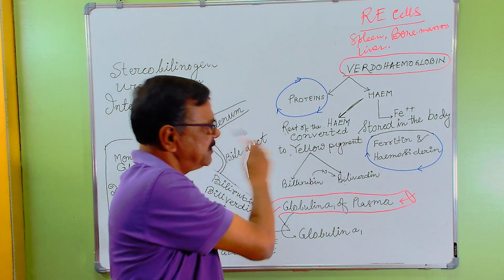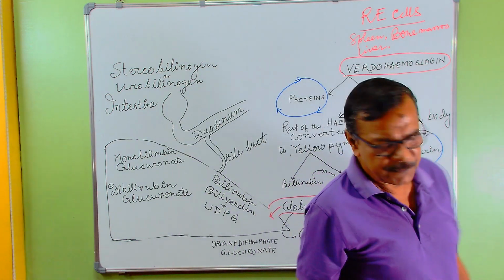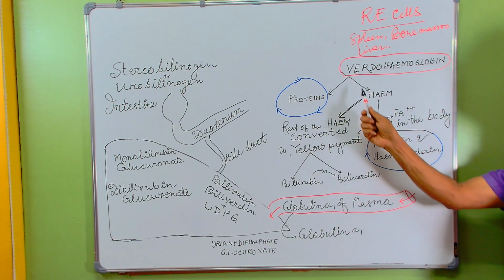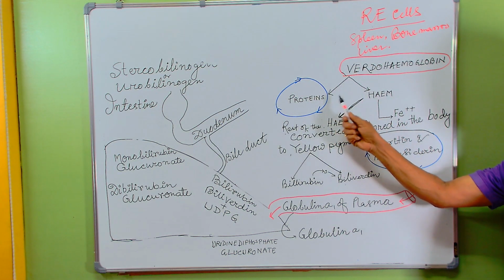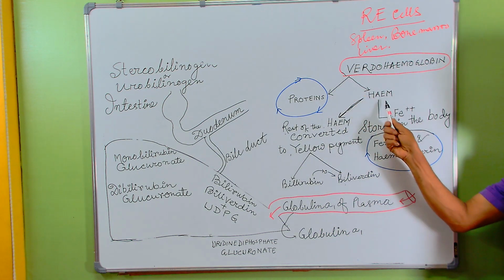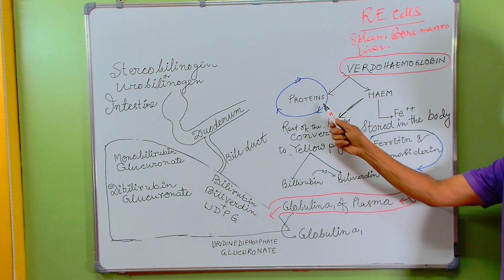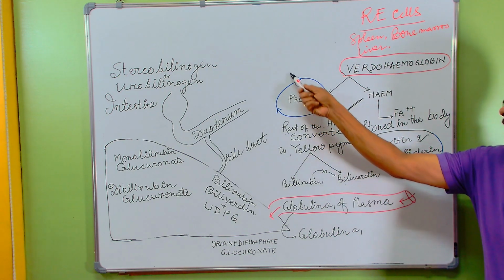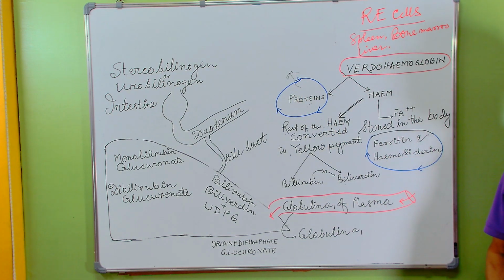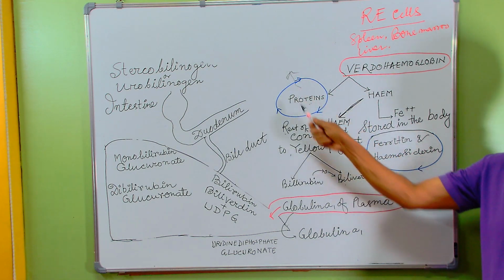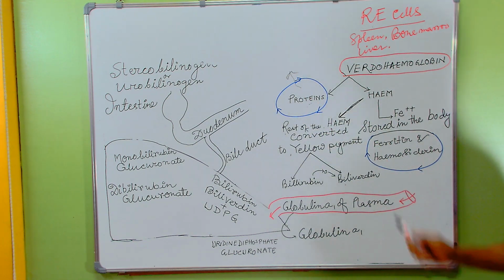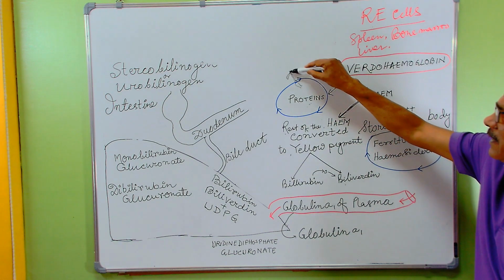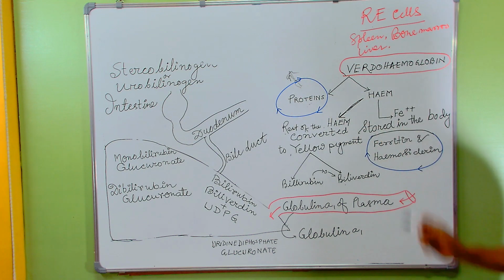I have written systematically. In the spleen, what happens? This viral hemoglobin is differentiated into proteins and heme. They are separated. These proteins are stored or used for further amino acid synthesis. That is, it is a case of protein recycling. So, whatever protein is there in the hemoglobin or in the RBC, that gets recycled after this.